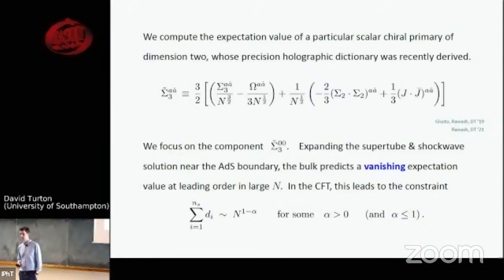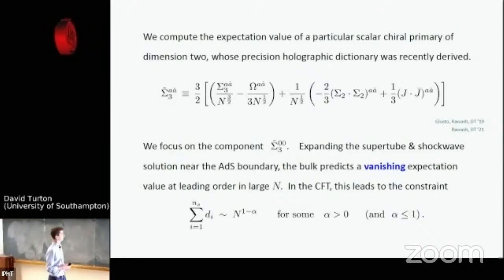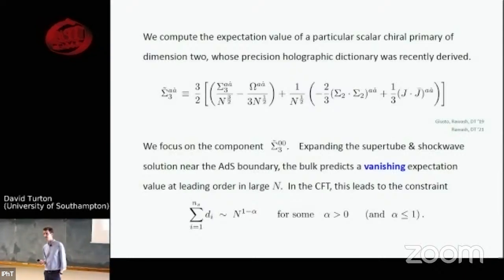This is a mix of single trace and double trace operators, and this is a whole story by itself, which I already talked about in previous black hole microstructure conferences, so I won't go into the details of that. But what we need for today is that a particular component of this, the 0,0 component, is a quantity which has a non-trivial zero, in the sense that when you expand the dual fluctuation in the supergravity, which is some scalar fluctuation, it vanishes in the shockwave solutions.